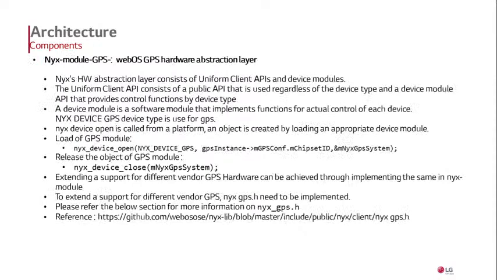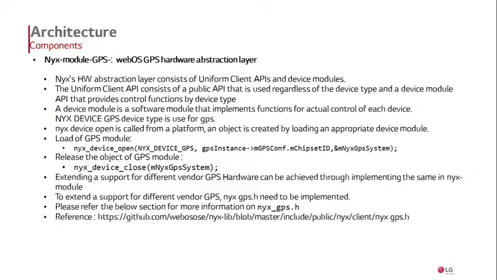Now we came to the low-level design of the NYX module for GPS. webOS GPS hardware abstraction layer. NYX hardware abstraction layer consists of a uniform client API and the device modules.